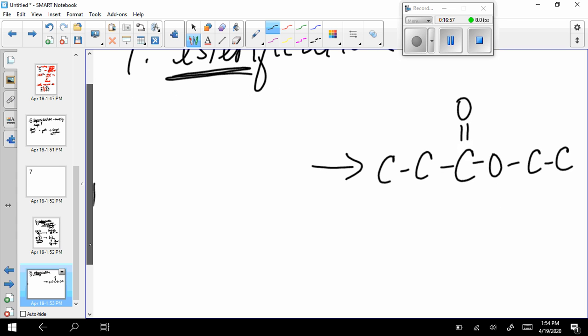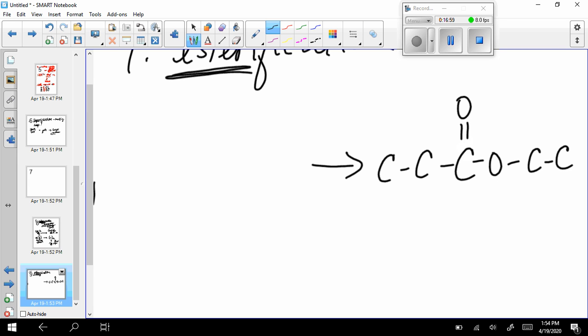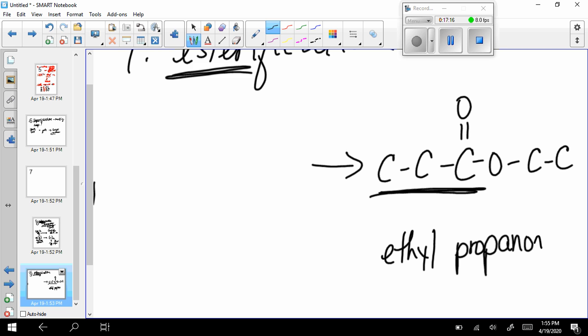I have 2 carbons in my branch, and 2 is ethyl. And then this is my chain. My chain has 3 carbons, so that's prop. Again, you go to Table R to help you with these namings. The naming end for an ester is anoate. So the name of this is ethyl propanoate.